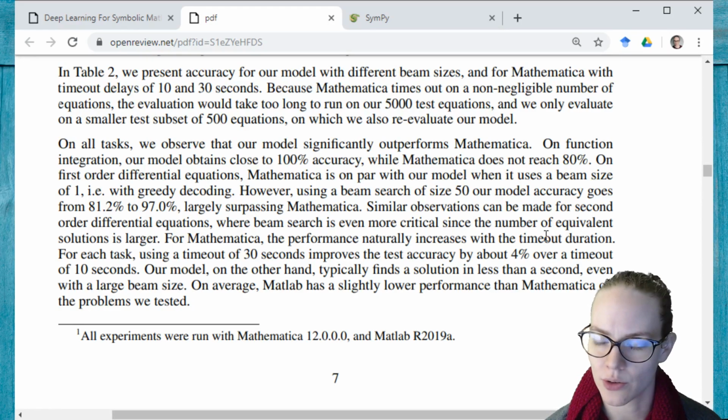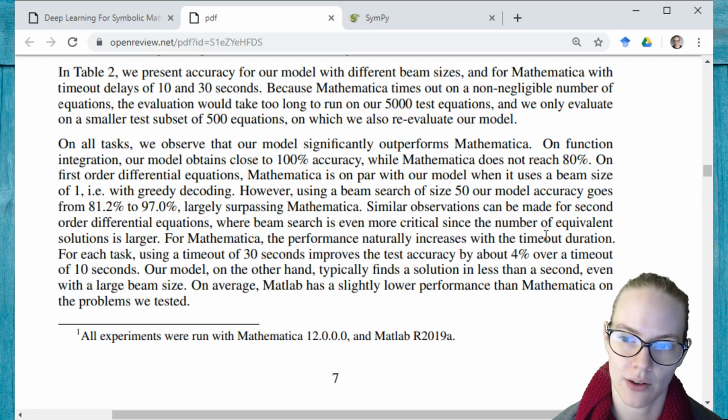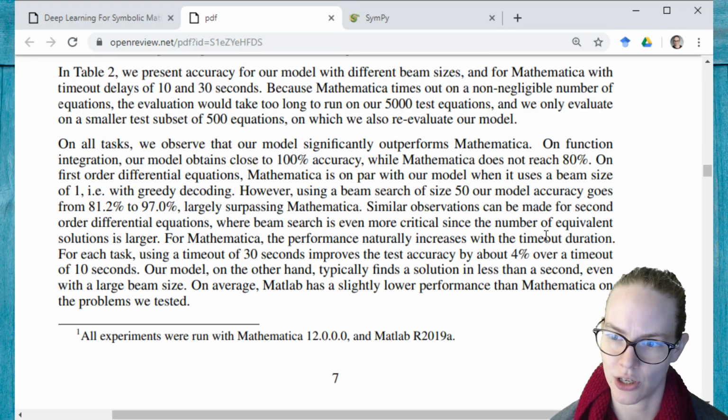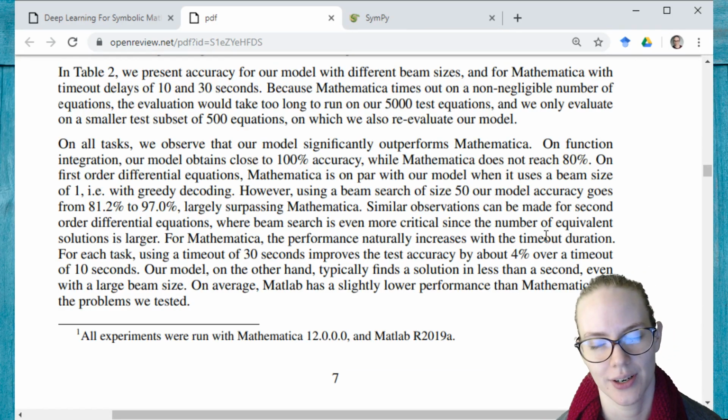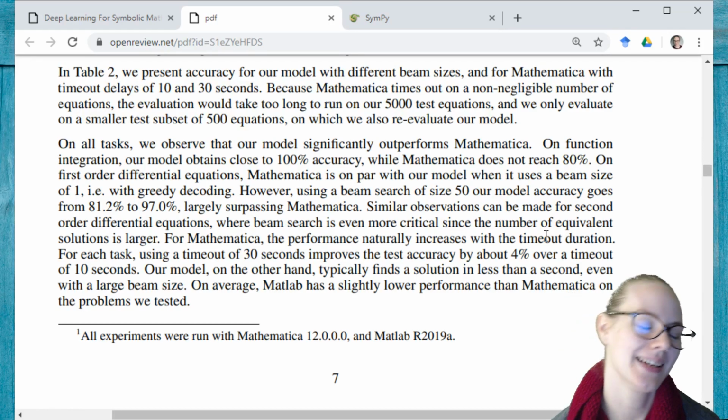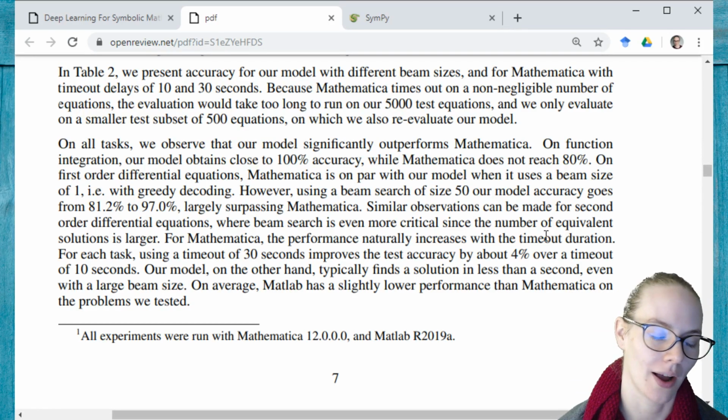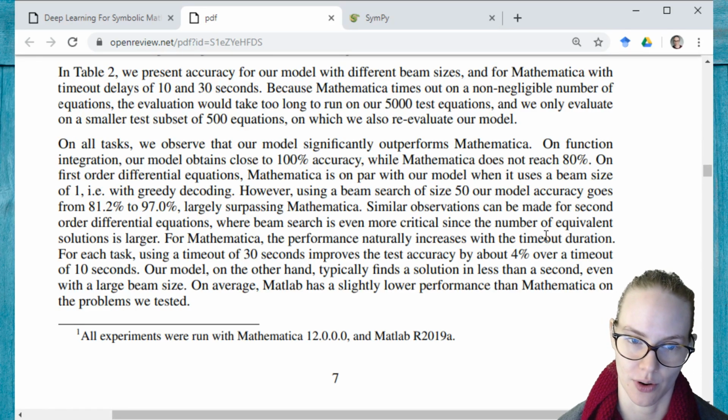I am wondering, because I don't think they talk that much about Mathematica's approach. I'm wondering if that information is proprietary, because I know Mathematica is closed source, and it is possible that they just are not making algorithm implementation details public, so they can't talk about differences in the approach, just the overall performance.